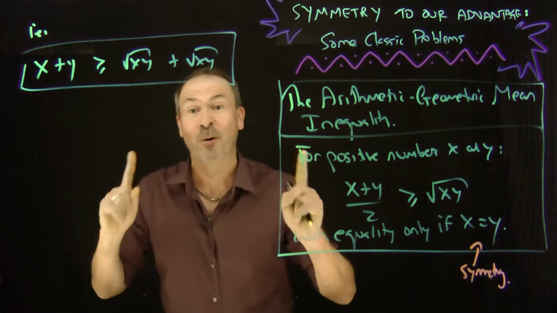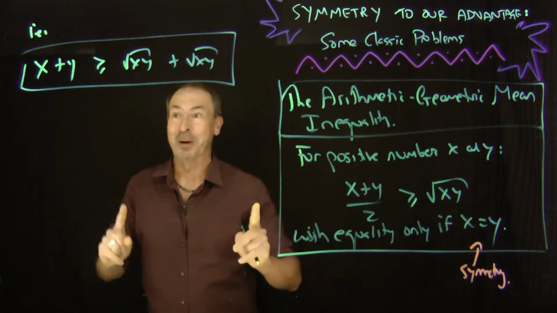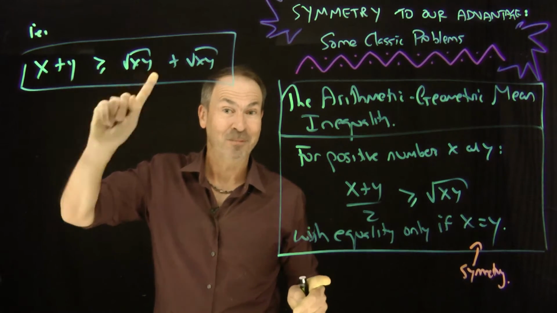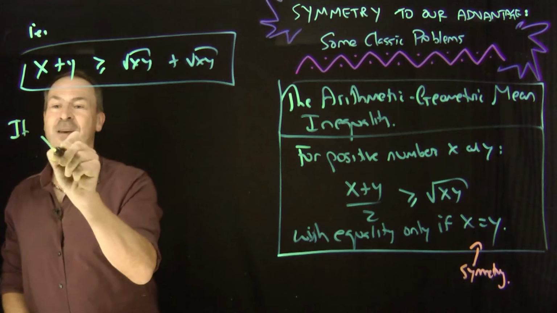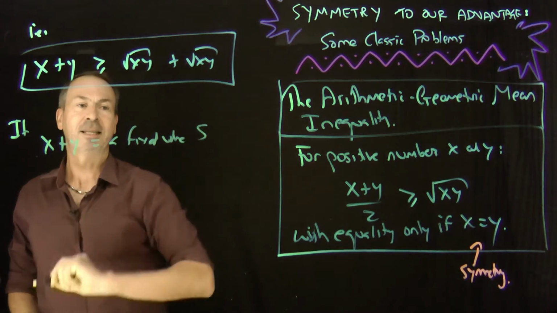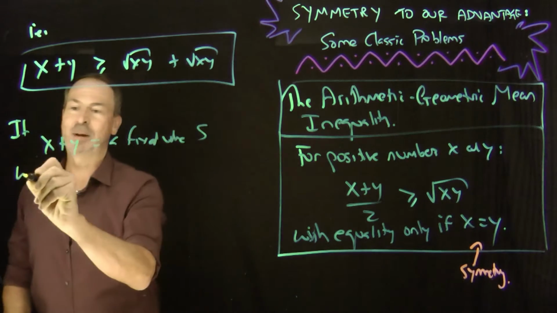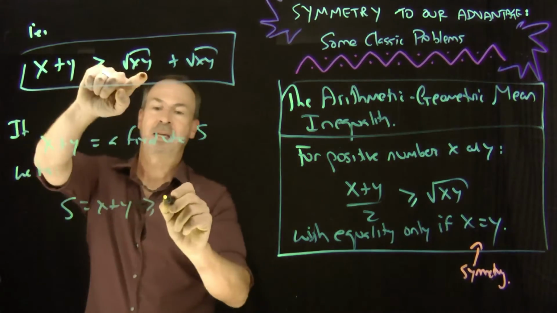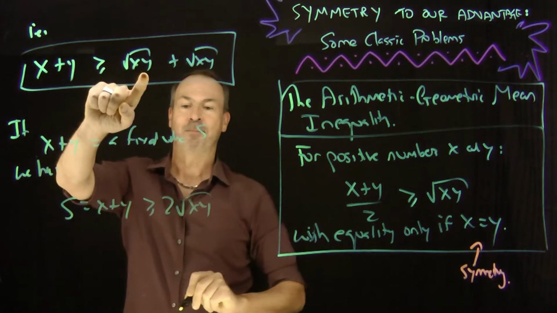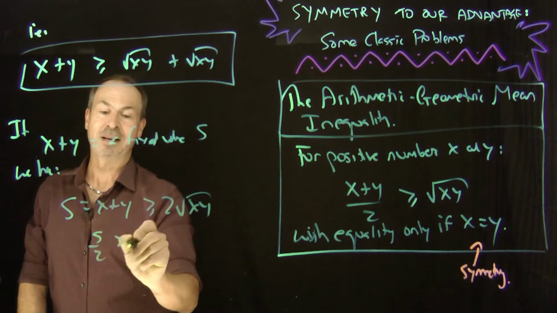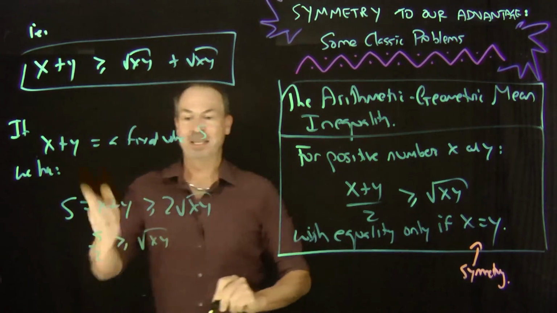In fact, it's kind of helped what we've been doing. We've been having sums like this of a fixed value. So note this. If x plus y equals a fixed value, I'll call it s, then we have that s, which is x plus y, is greater than 2 root xy. Divide both sides by 2. That tells me s over 2 is greater than or equal to the square root of xy. Let me square both sides.